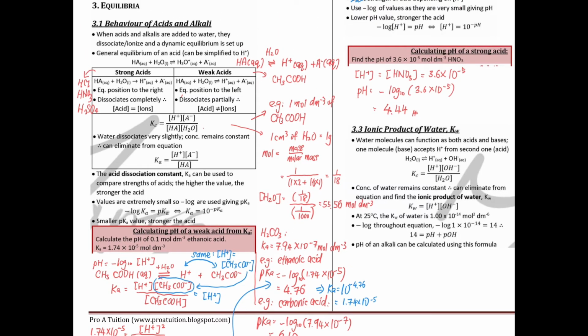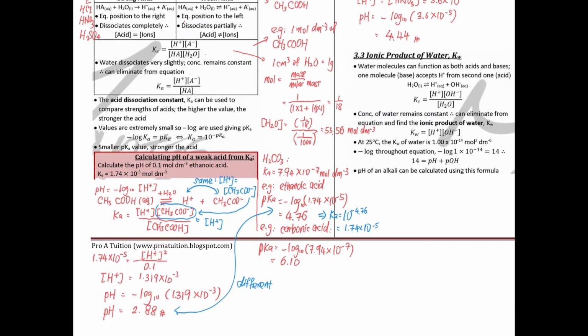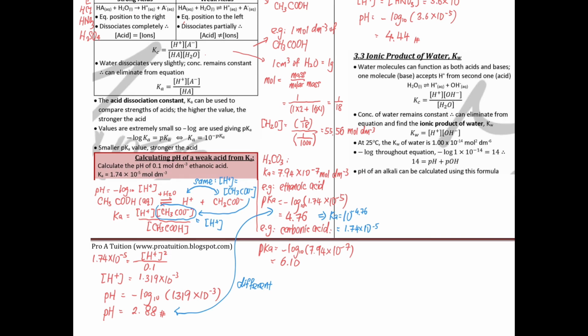If nitric acid used 0.1 mole per dm cubed, for sure the pH would be smaller than this value. If nitric acid used 0.1, the concentration can go until 1.